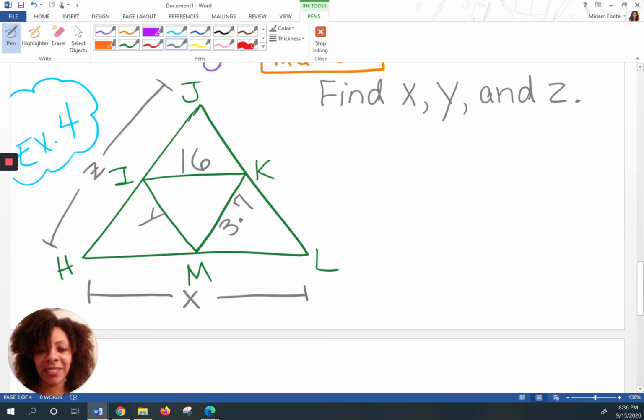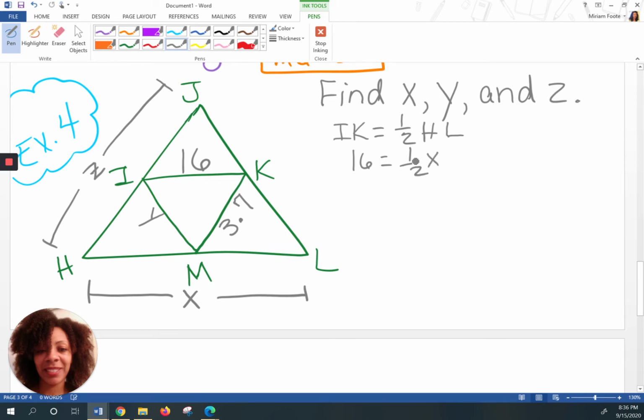So I know the formula says that segment IK, which is my midsegment, is equal to 1/2 of the side that it is parallel to, which is segment HL, and then I fill in what I know. IK is 16, and HL is my x.